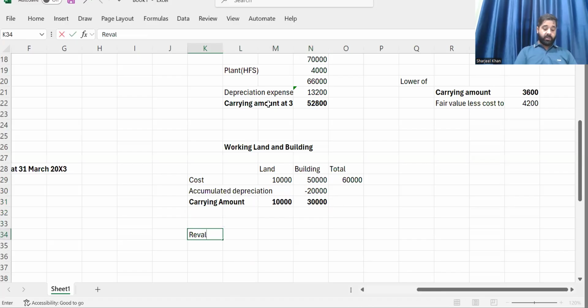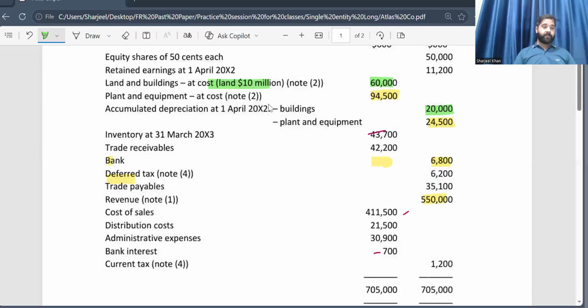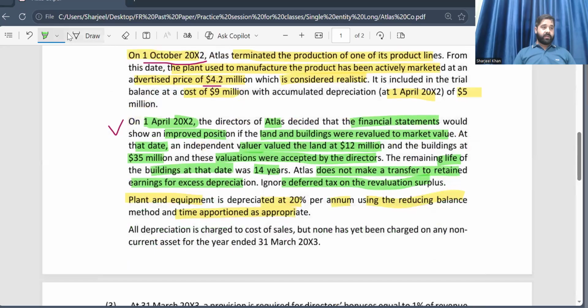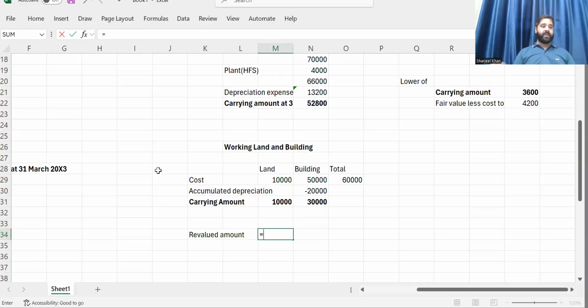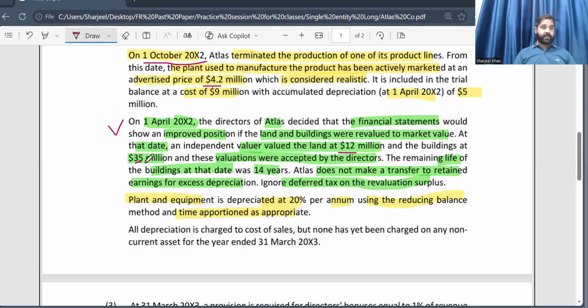Now, the revalued amount for the land is 12 million, and for the building, it is 35 million.